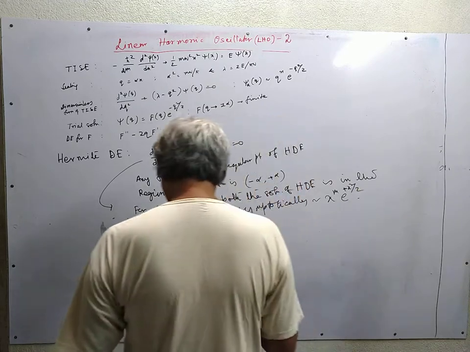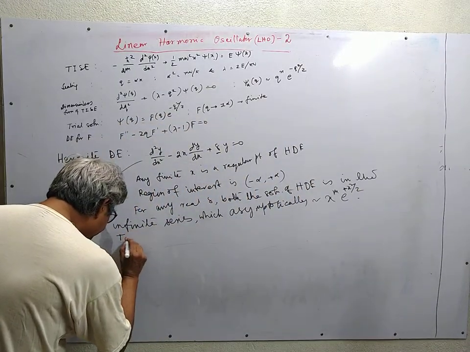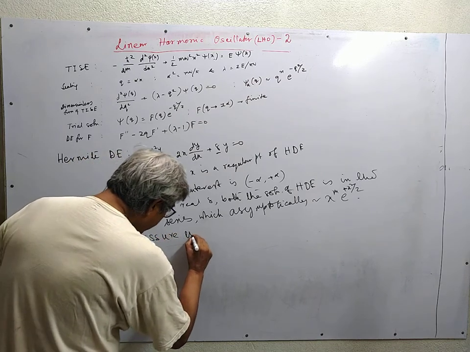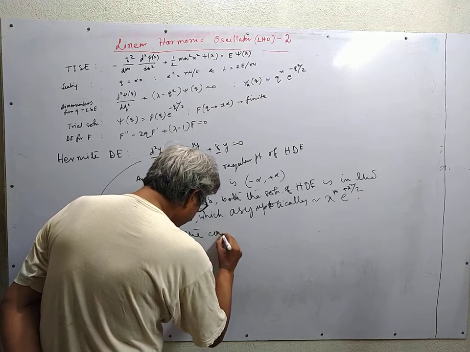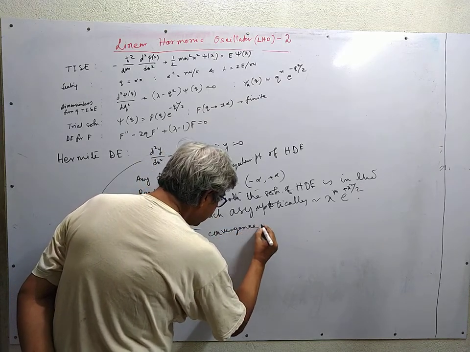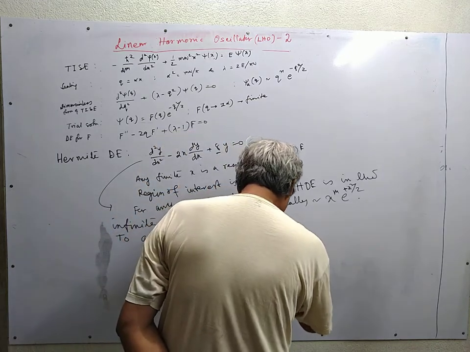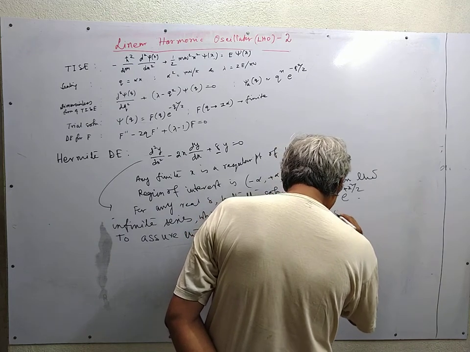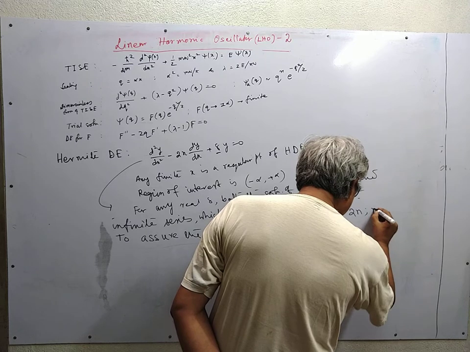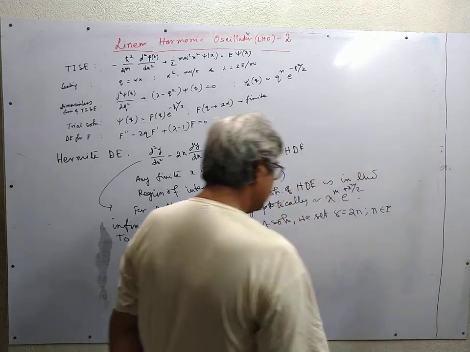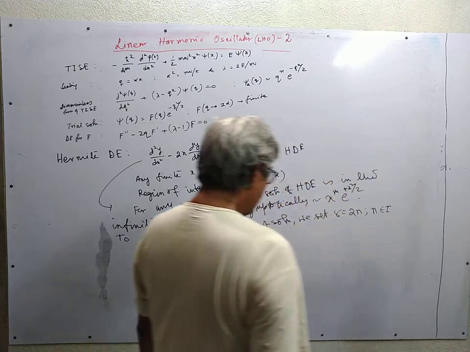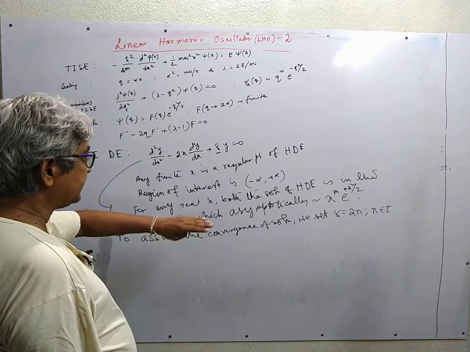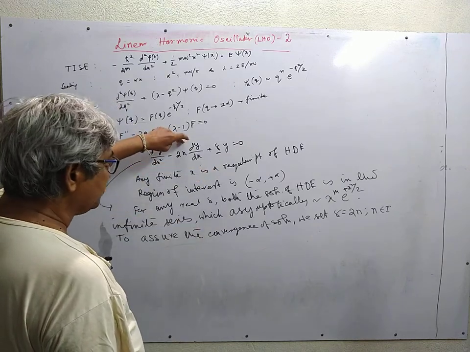So to assure convergence of the solution, we set gamma is equal to 2n, where n belongs to integer including 0. And if n is even, then the even solution is a polynomial of order n.